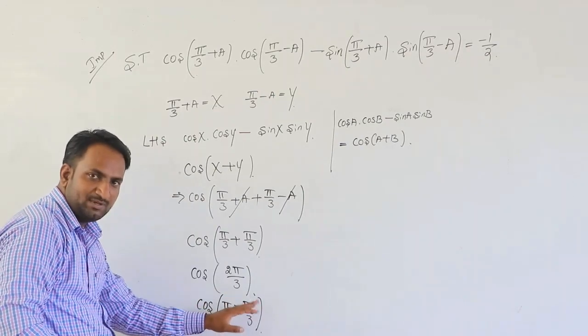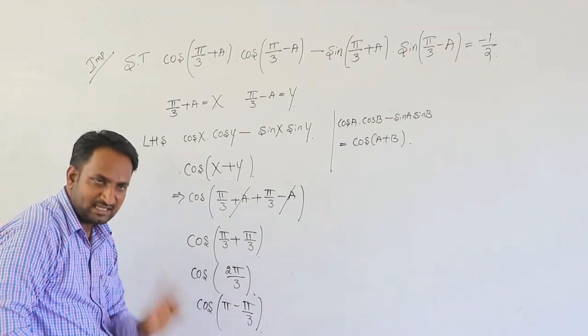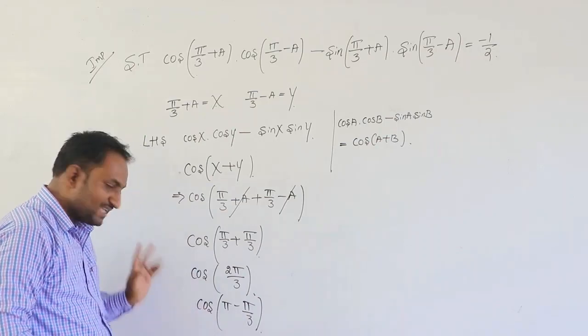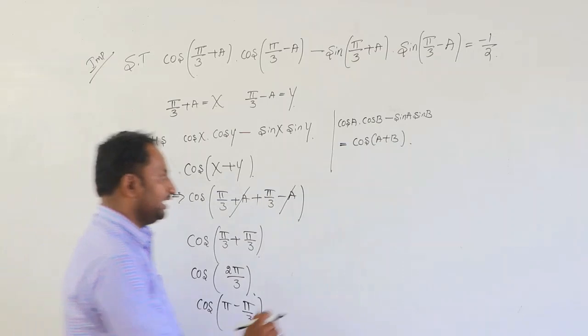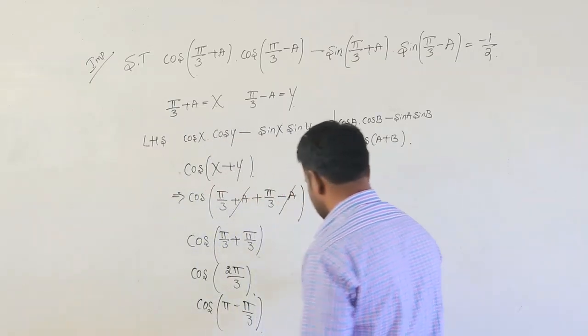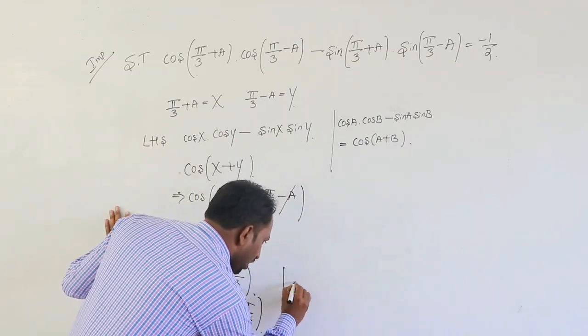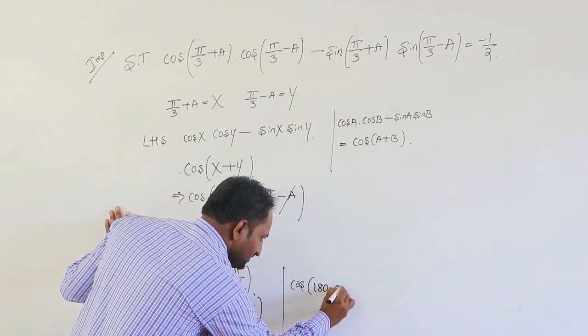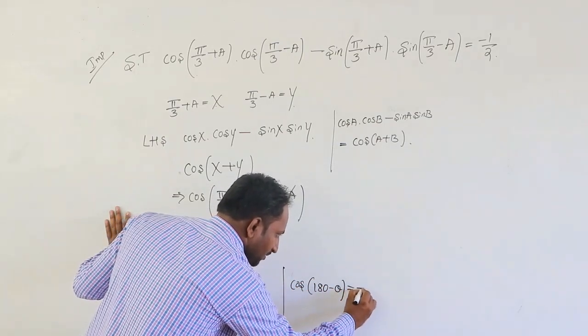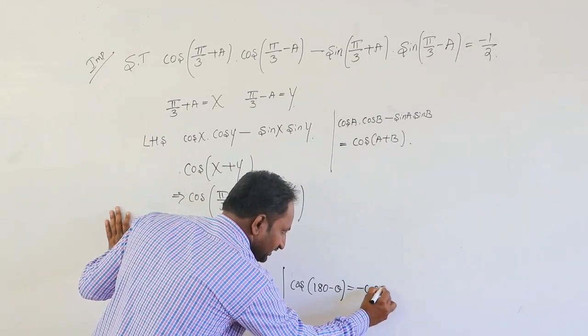180 minus theta belongs to the second quadrant. In the second quadrant, sine and its reciprocal cosec are positive, the remaining all are negative. In this case, cos of 180 minus theta is equal to minus cos theta.